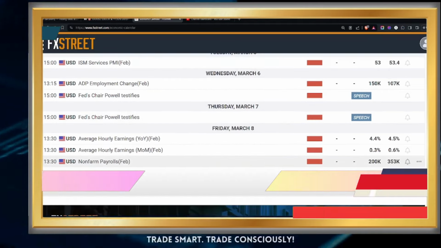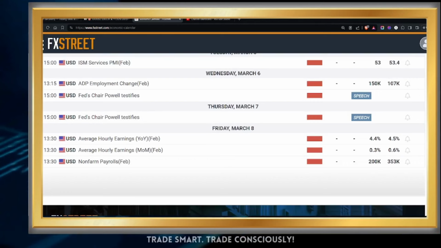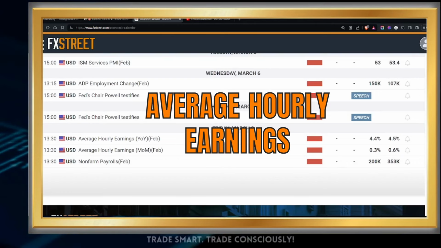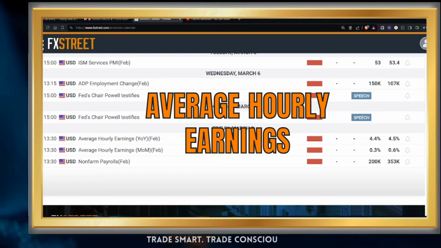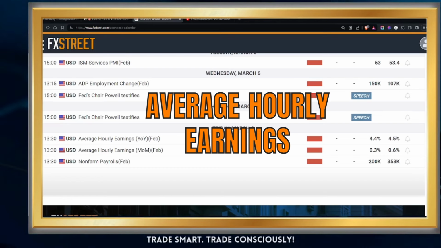Then fast forward to Friday, March 8th, we're looking at the average hourly earnings, which represents the average amount earned per hour by private sector employees in the United States and is a crucial labor market indicator.